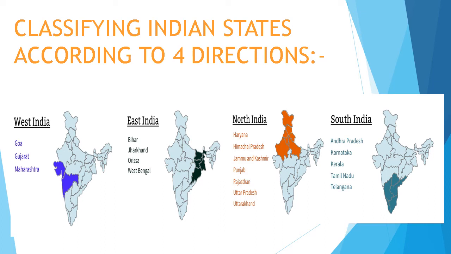West India, which includes Goa, Gujarat, Maharashtra, etc. East India, which includes states Bihar, Jharkhand, Orissa, West Bengal, etc. North India, having states Haryana, Himachal Pradesh, Jammu and Kashmir, Punjab, Rajasthan, etc. South India, which has Andhra Pradesh, Karnataka, Kerala, etc.